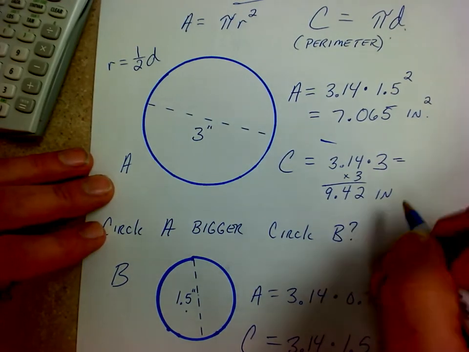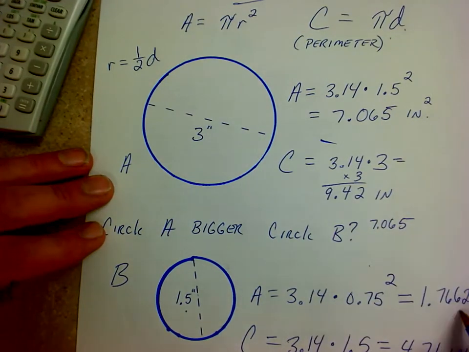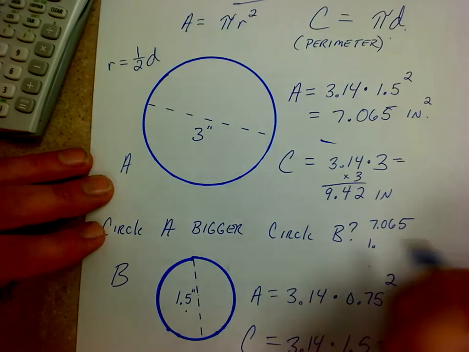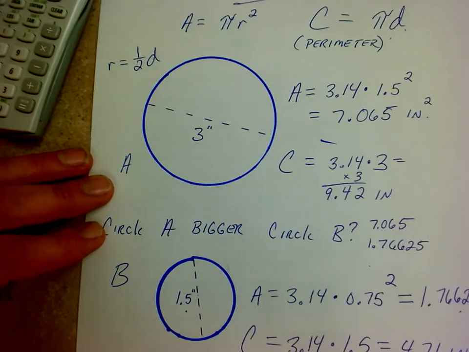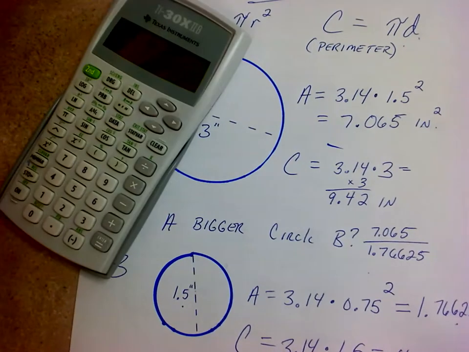Circle A has an area of 7.065. Circle B has an area of 1.76625. So how many times bigger? Just divide those two numbers.